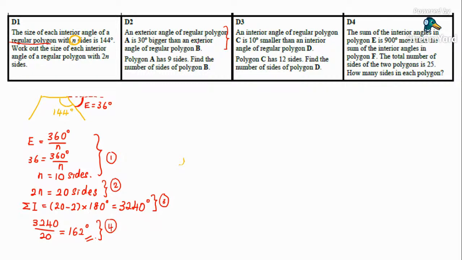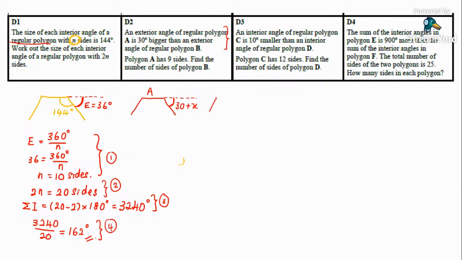So regular polygon A is 30 degrees bigger than the exterior angle. We draw A first. So this is for A. This exterior angle is 30 degrees bigger, so that will be 30 plus X.